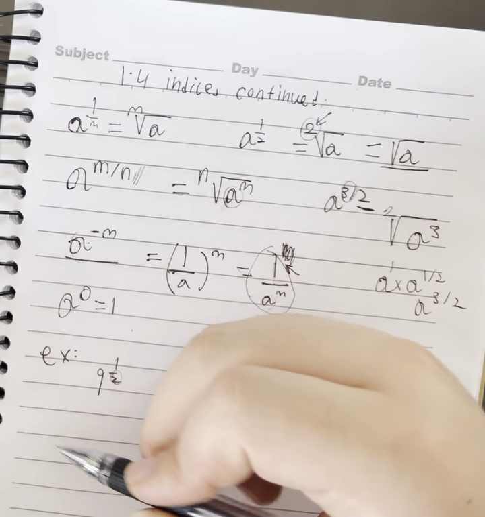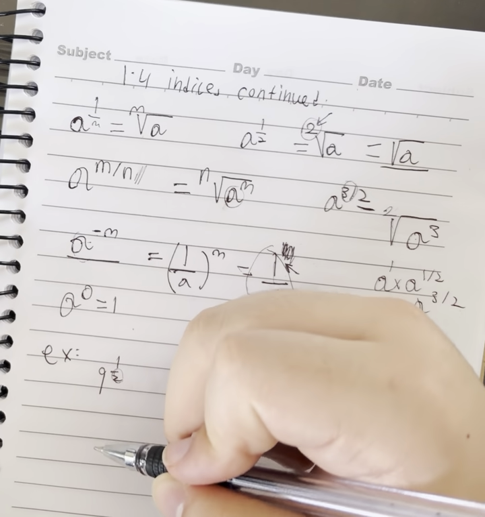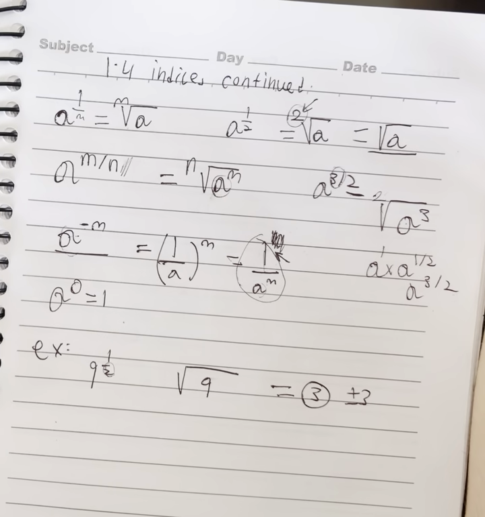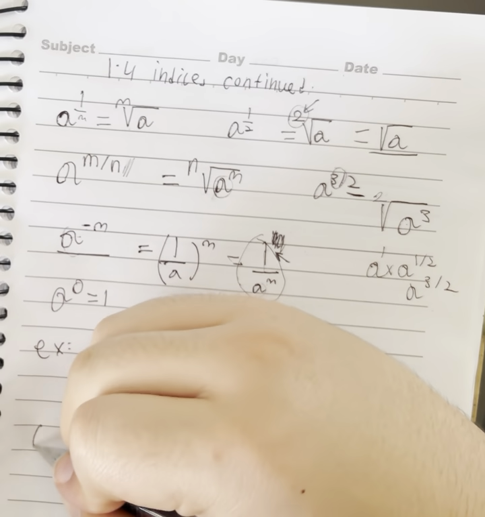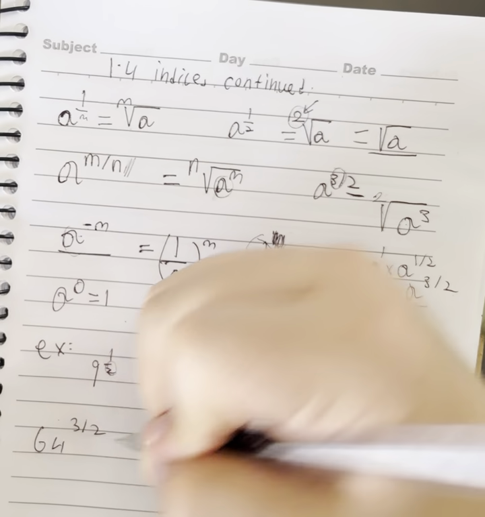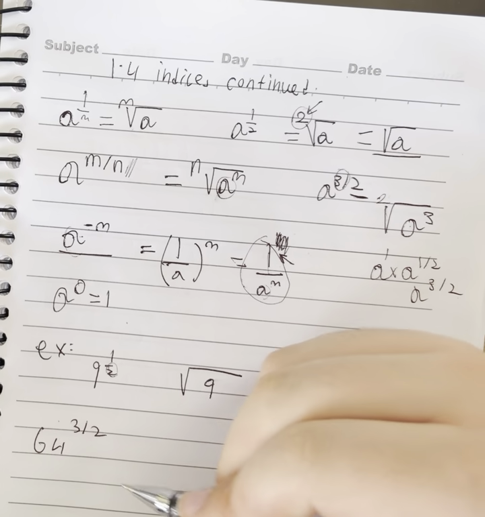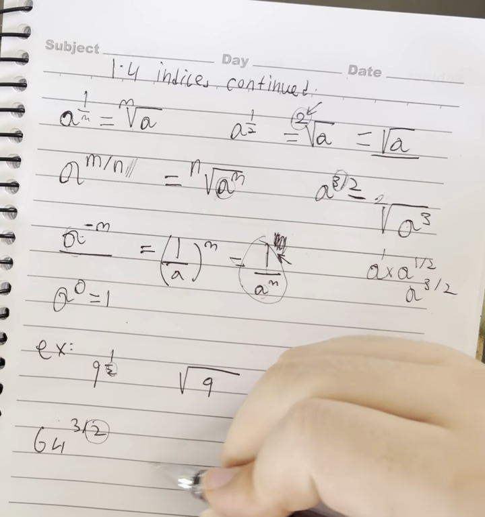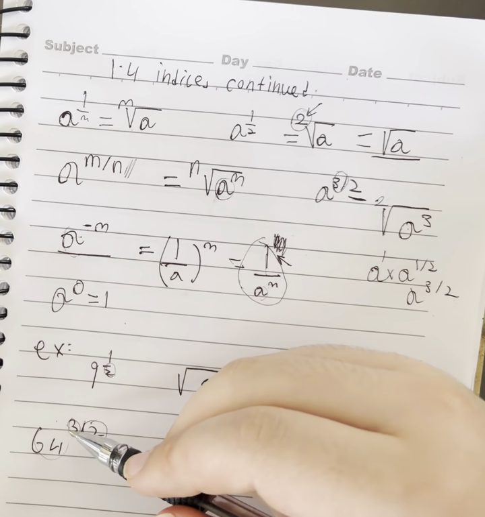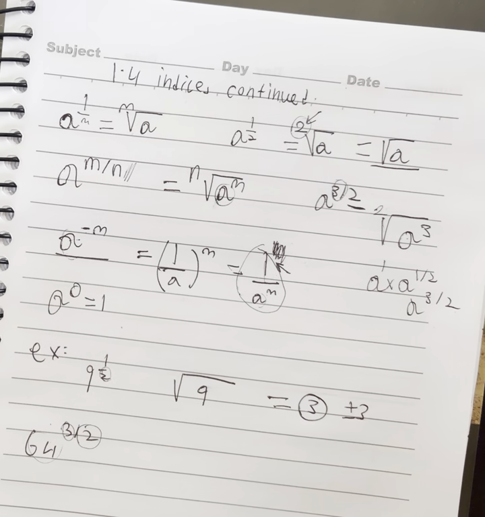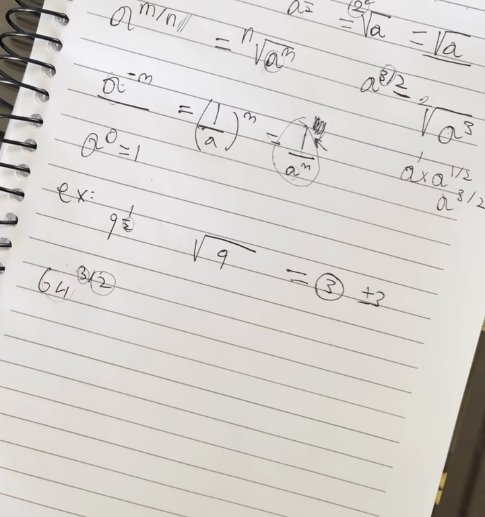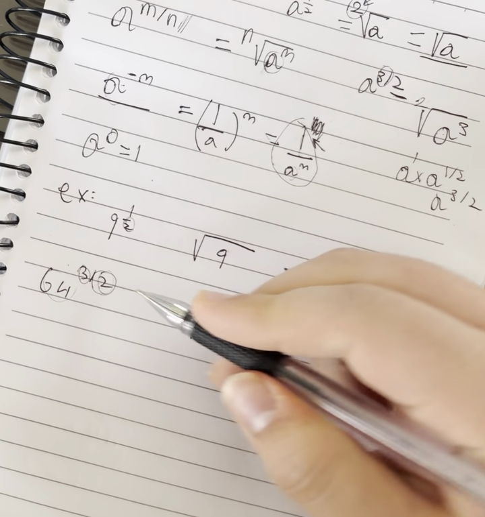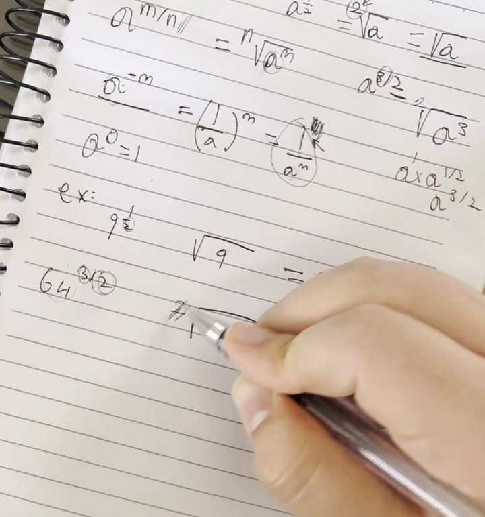Now, another example. What if we had 64 to the power of 3 over 2? How would this be written? As we said, the root is the denominator, and the base is to the power of the numerator. So the denominator is 2, so no need to write it.